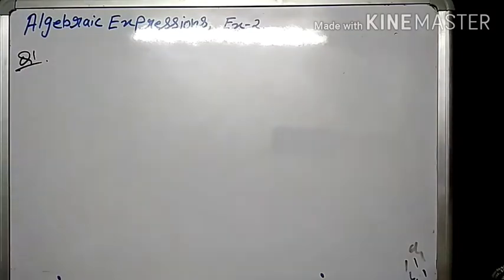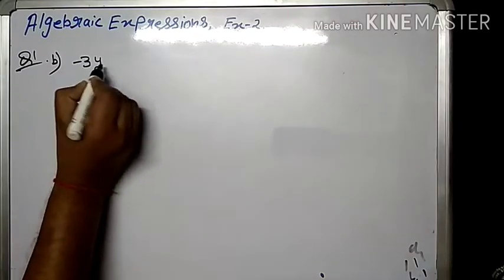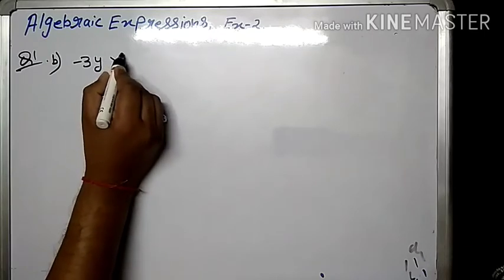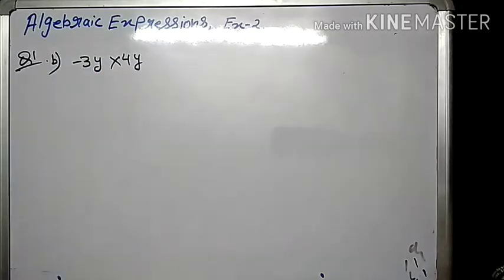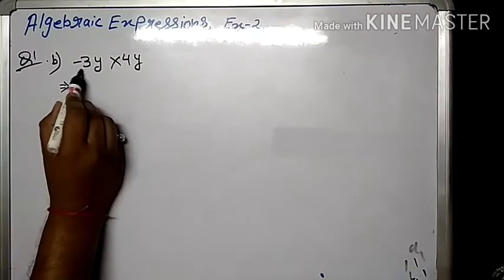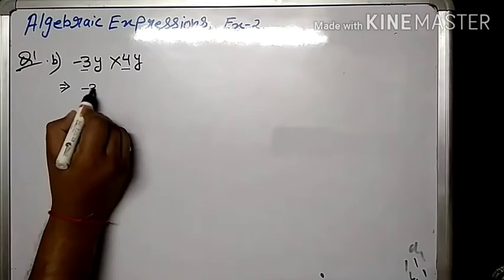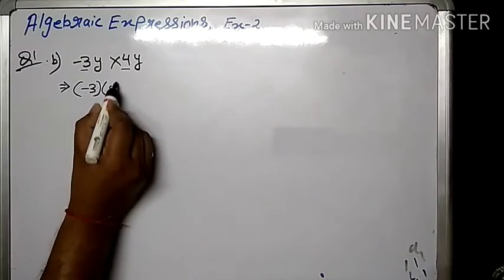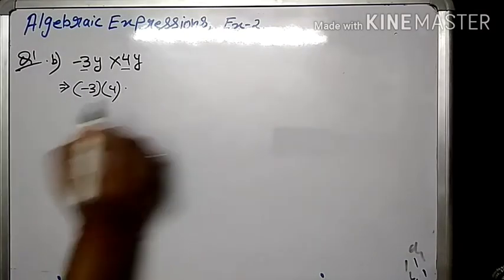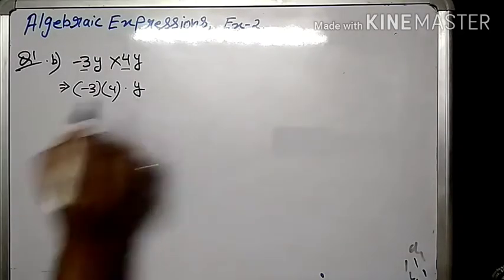Question first. I am copying one question. Minus 3y multiply 4y is equal to, now the constant terms will be multiplied in one term, that is, this dot means we are using for multiplication, and y.